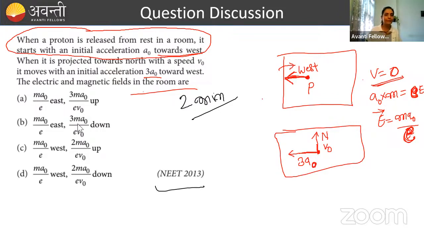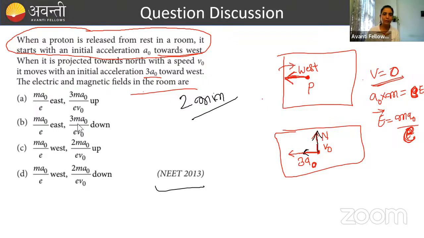Now come to the second case. In second case, what is happening? In second case, we have given it velocity towards north, and at that point of time, it started moving towards which direction? Instantaneous acceleration it is talking about. So it started moving towards west. It means what is happening? It means obviously it is in this room only.